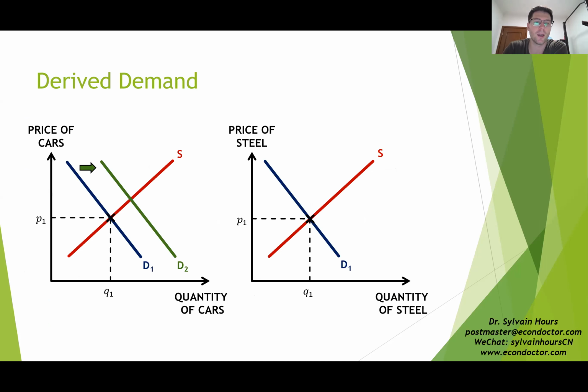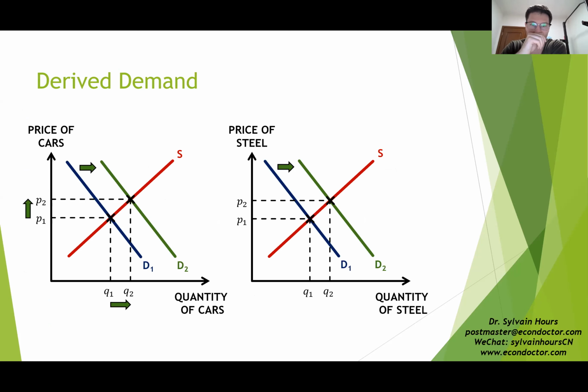Easy. So here I have steel and car. Of course, car is the output and steel is the input. So if the demand for cars increases, the equilibrium price rises and therefore we produce more. That's the incentive function of the price mechanism. So the equilibrium quantity rises in this case, and therefore if we want to produce more cars, we need to demand more steel.